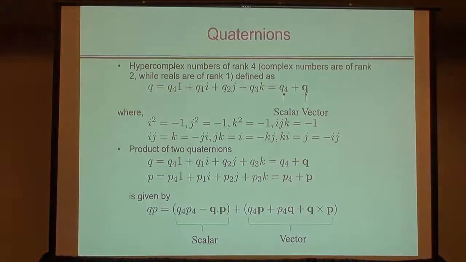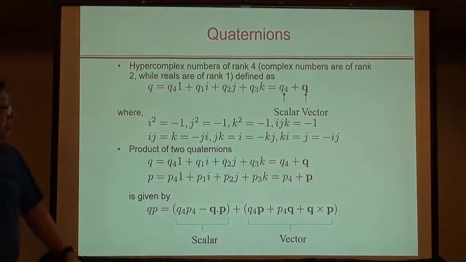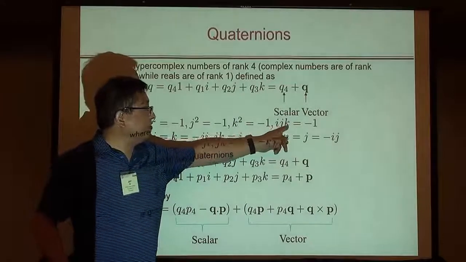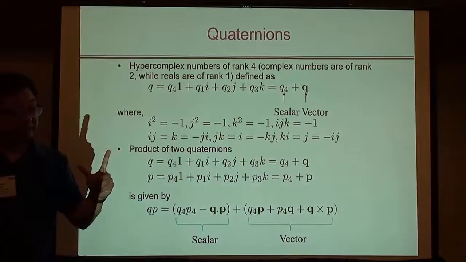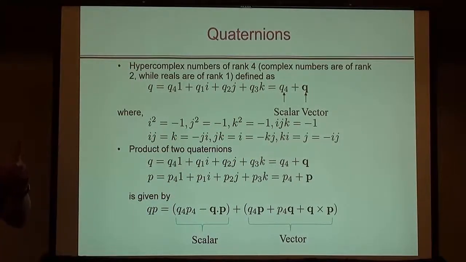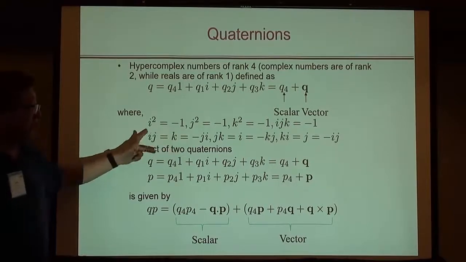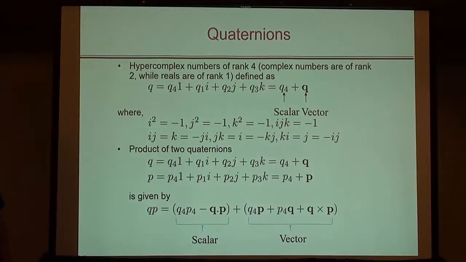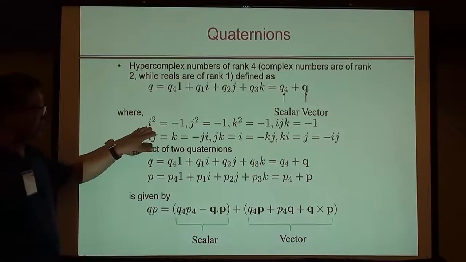Okay? And now, the other rule that you have, because these three rotation vectors are considered to be perpendicular to each other. So in order to make the algebra work, we also define ijk equal to -1. So these are the basic rules.